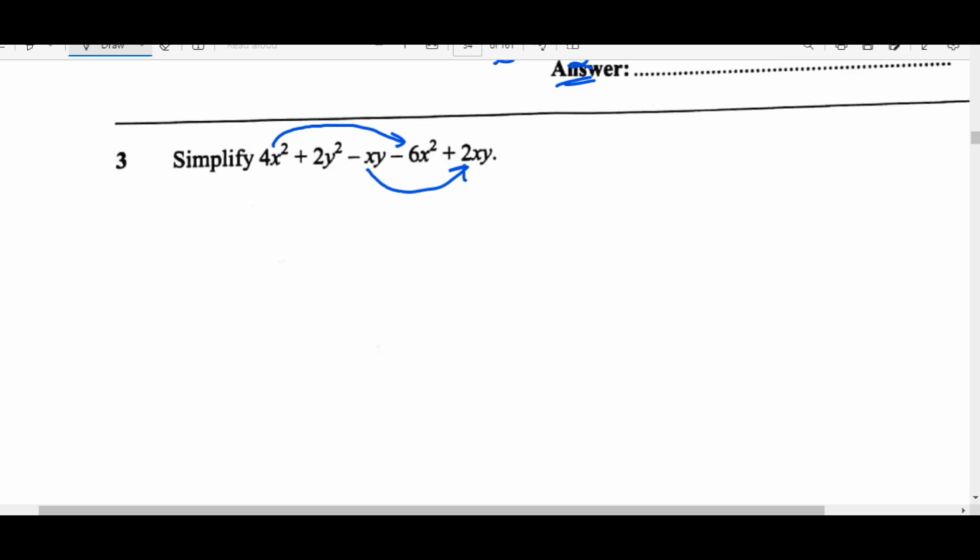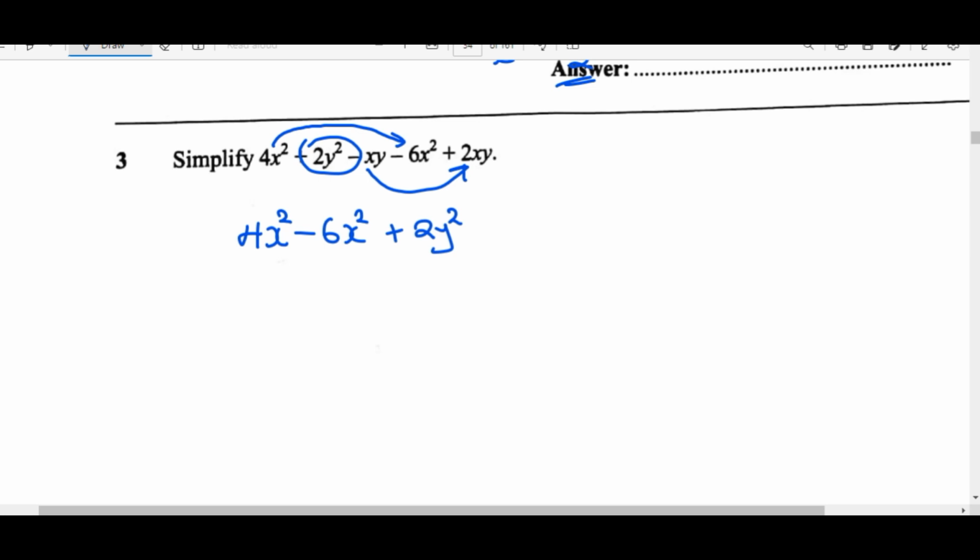So in this case, you're going to have 4x squared minus 6x squared, and then you're going to maintain this here because it is only 1, so you would say plus 2y raised to the power 2, and then what else?